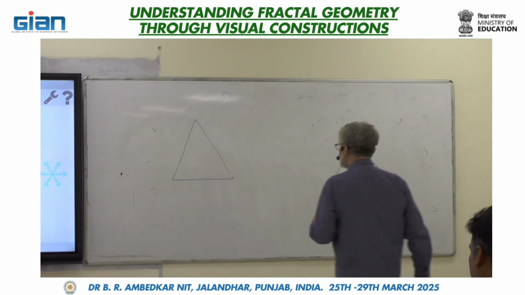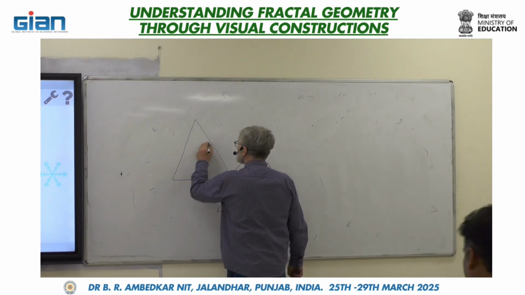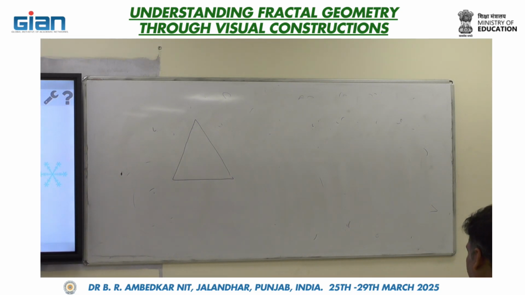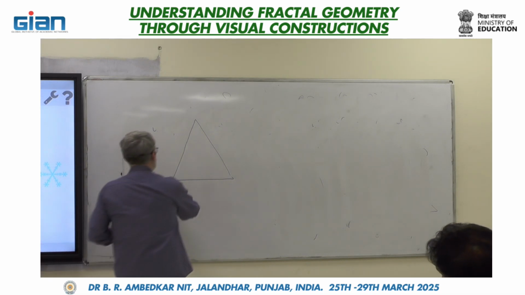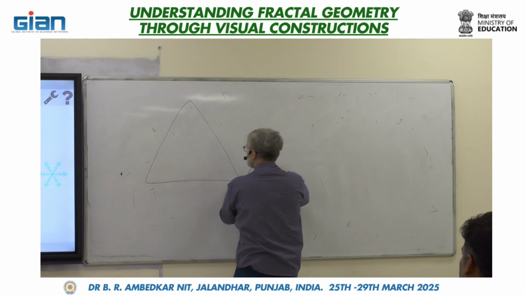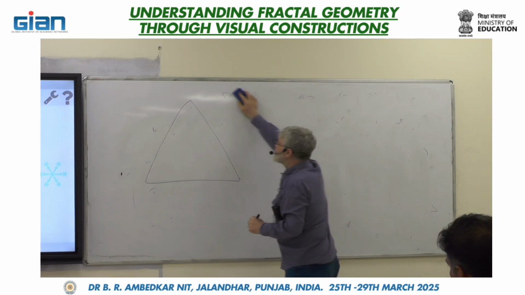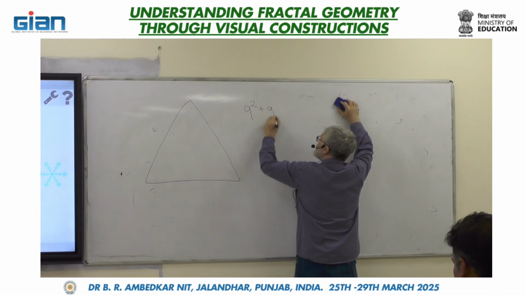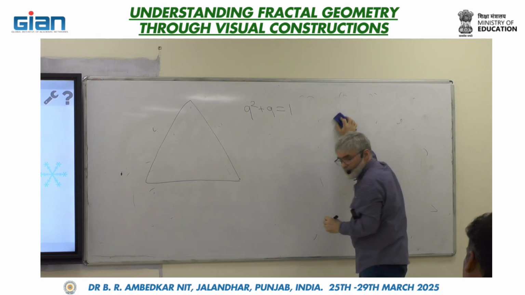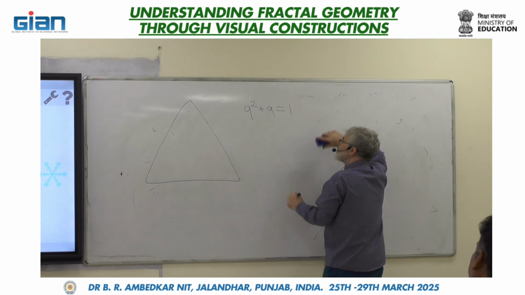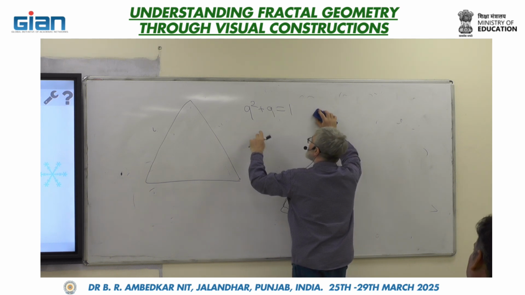For example, consider the following triangle. I will draw you one triangle. So let Q be the golden mean, Q squared plus Q equals 1.